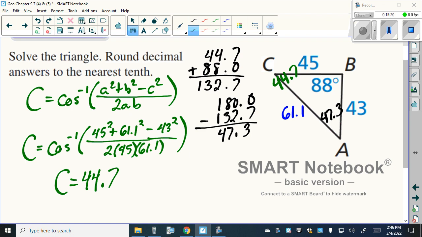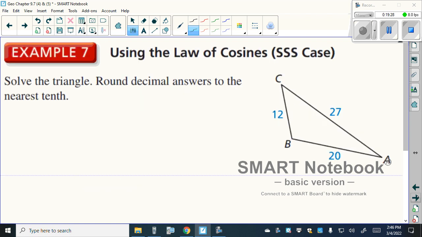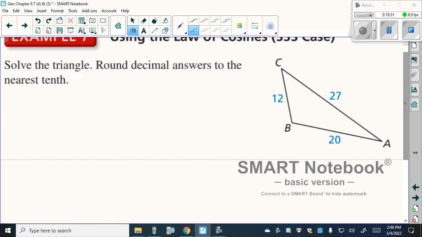Any other questions on these here? We ready for the other type? Well, the other type is if we're given 3 side lengths. So we need to find 3 angles. But realistically, how many angles do I really need to use an equation to solve for? 2.